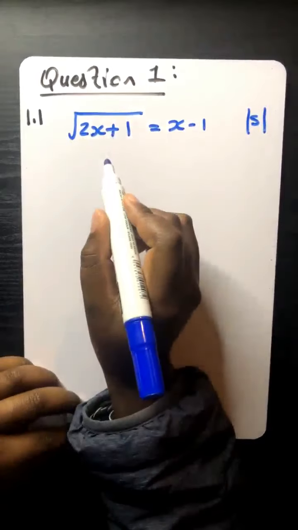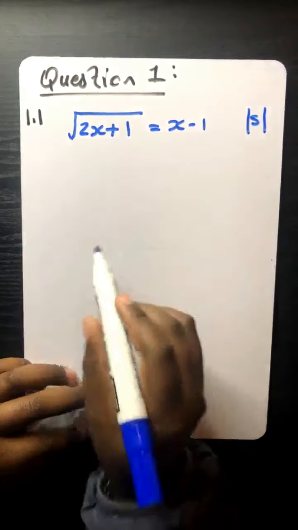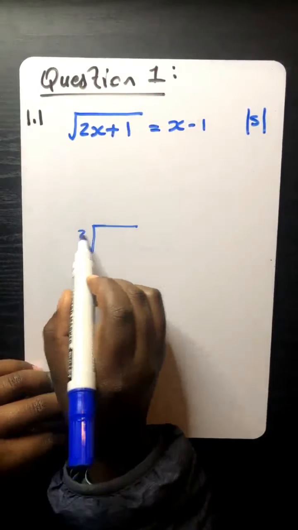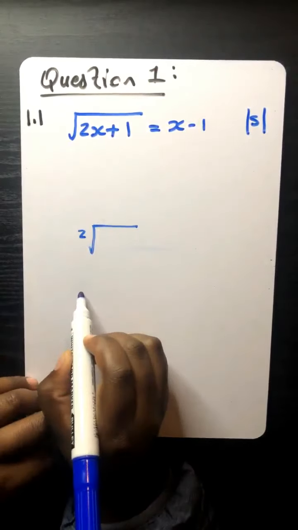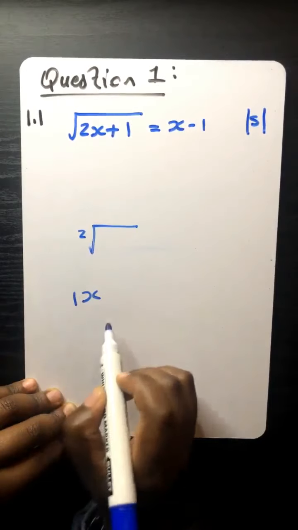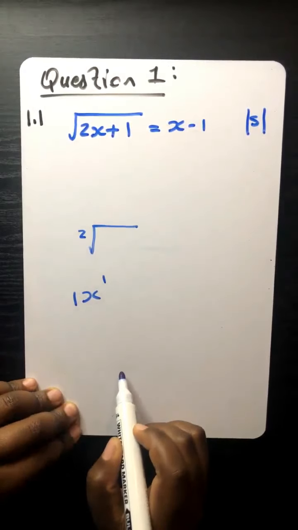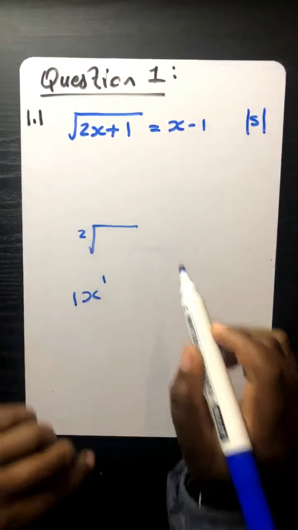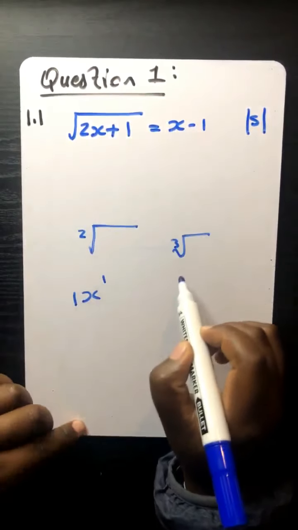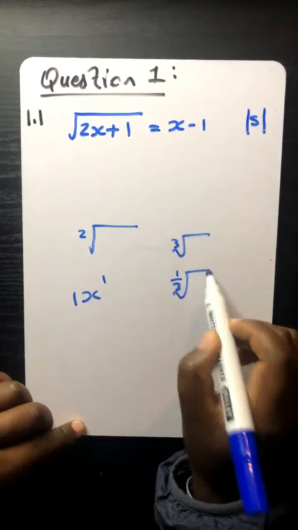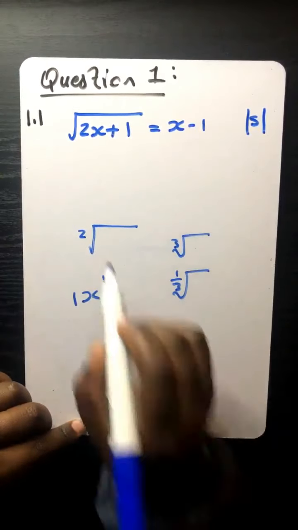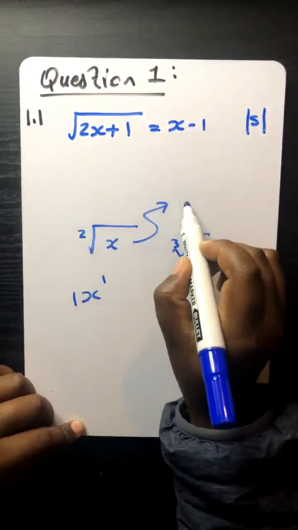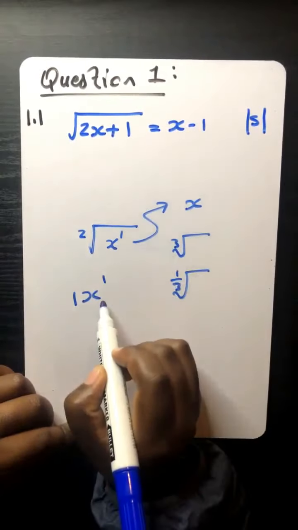What I wanted to say, guys, is that always when you have a square root, there's an invisible 2 over there. Just like when you have x, there's an invisible 1 there, there's an invisible power there. They only start writing it if maybe it is 3, or otherwise 1 over 3, they can write it like that. But you know very well that if you've got x inside, this thing is the same as x. Remember, there's an invisible 1 over there.